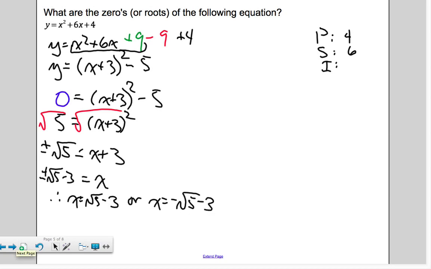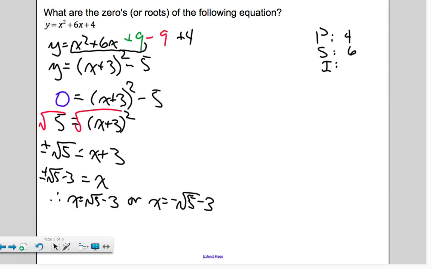Okay? So now your answers look a little bit different, in that we don't have a perfect square. But we're just going to leave it. It's still plus or minus the square root of 5, so that's why we have this.